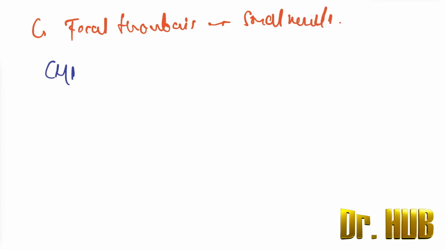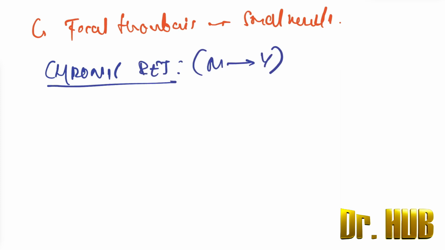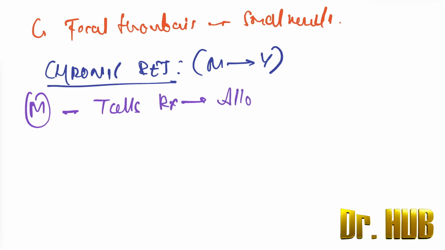Then we look at the chronic rejection. In terms of chronic rejection, it occurs from months to years. The mechanism being, there are T cells and they react against the alloantigens, and they secrete cytokines.